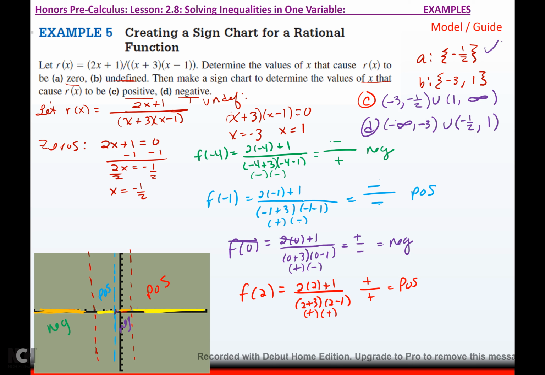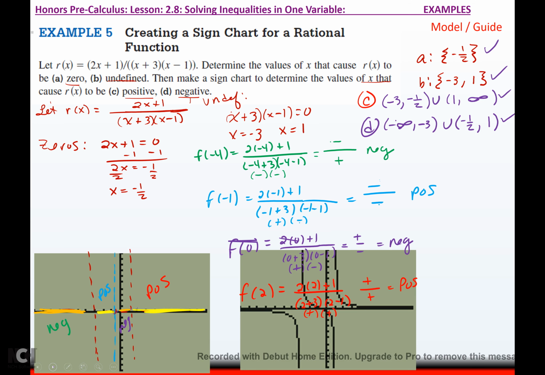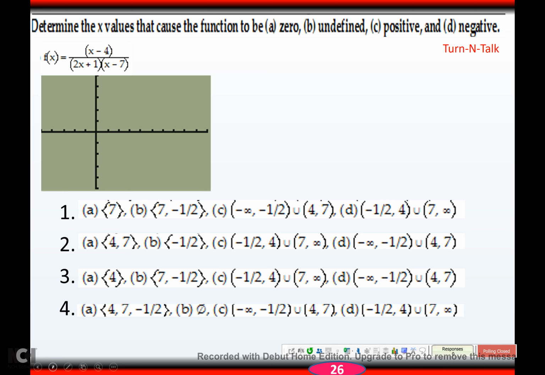So there's my zeros, there's my undefined, there's where it's positive, there's where it's negative. And if I look at the actual graph, okay, there's my asymptotes, okay, negative, positive, negative, positive. Alright, you do this one, hit pause, come back when you're ready.